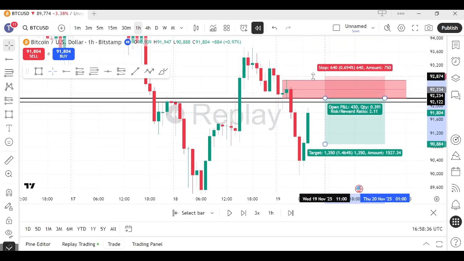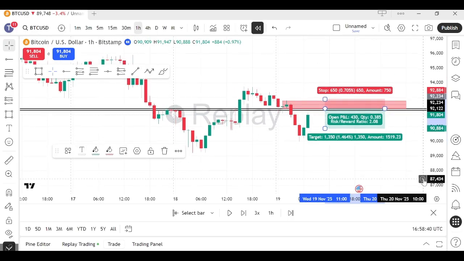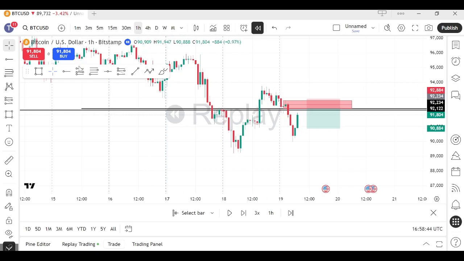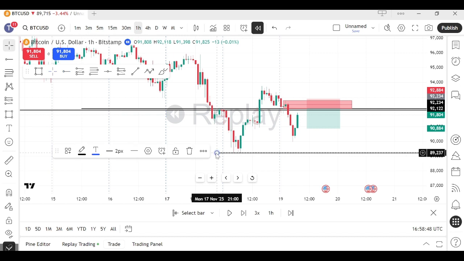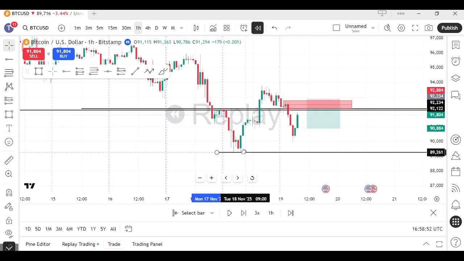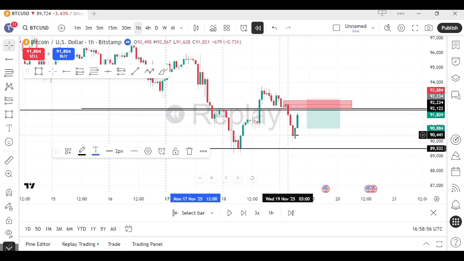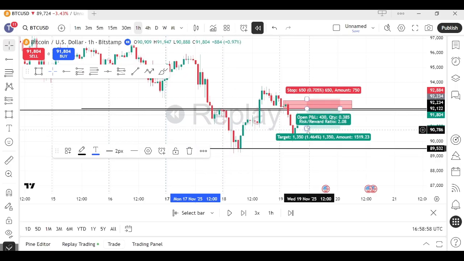This will be my stop loss, and my target will be a level around this level. This will be my target, because I know price will take out this lower level.